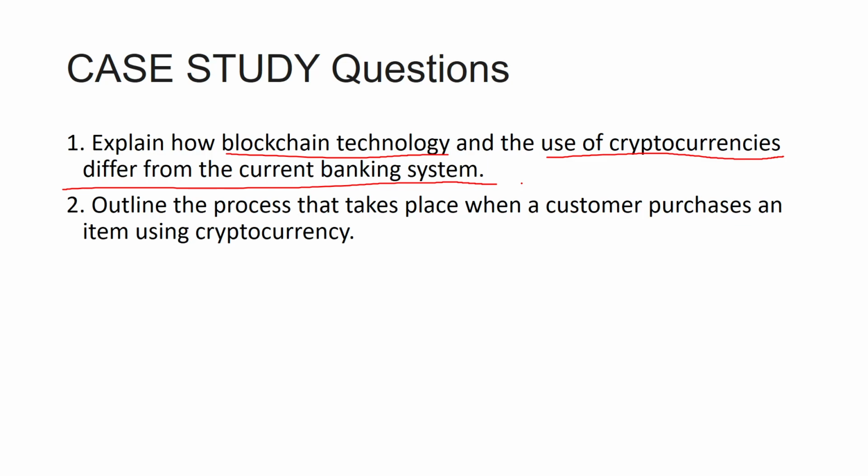The second question is: outline the process that takes place when a customer purchases an item using cryptocurrency. So you need to understand how the process of purchasing something using cryptocurrency works, and what it takes to process the usual action such as buying something, but using cryptocurrency.